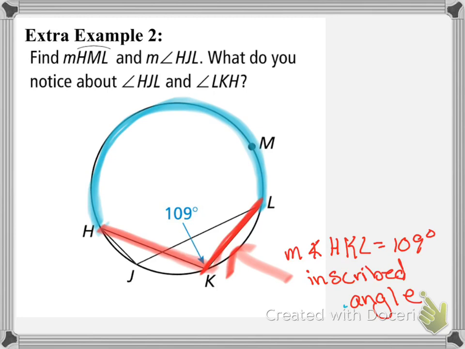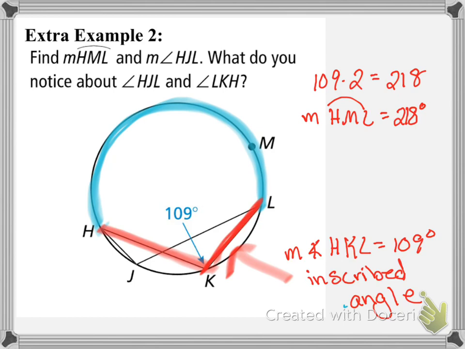So to find the measure of arc HML, I would have to take 109 times 2, which would give me 218. So the measure of HML is 218 degrees.